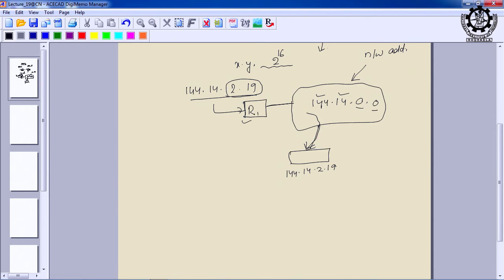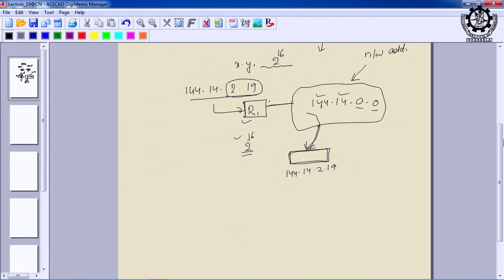Now, to find this host, what does the router have to do? It has to search all throughout the network having approximately 2 to the power 16 hosts. Definitely this is time consuming, and we cannot afford that much delay to find a host and deliver the packet.